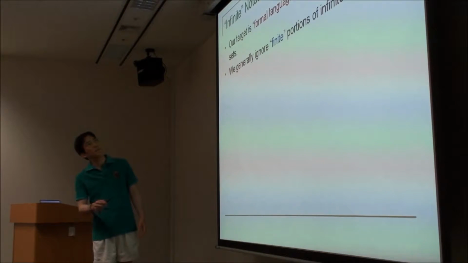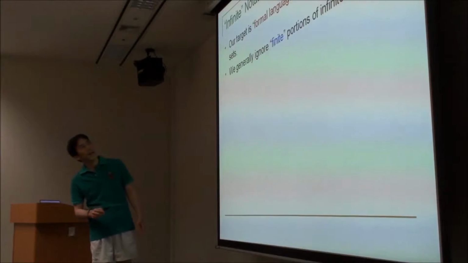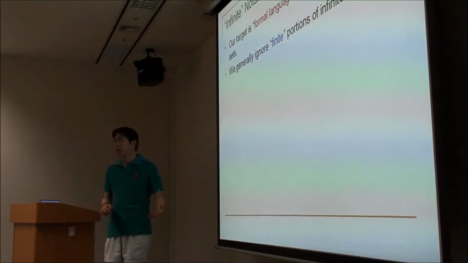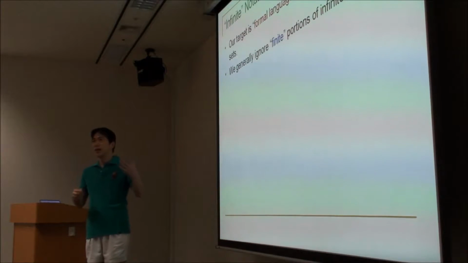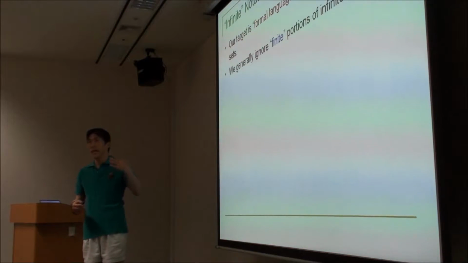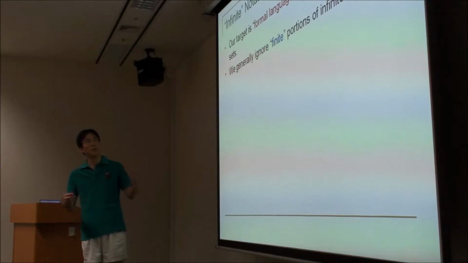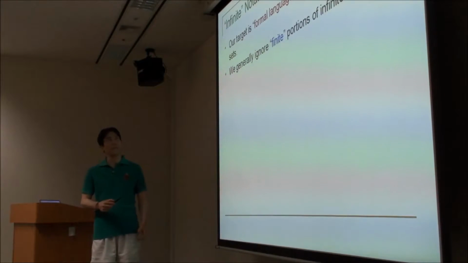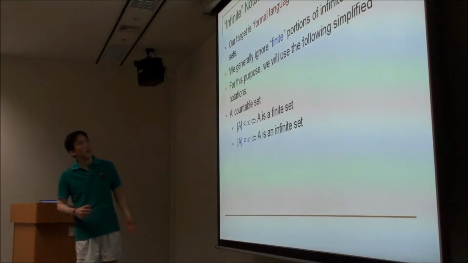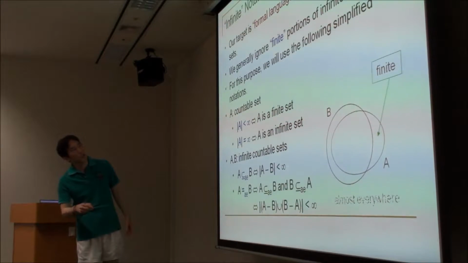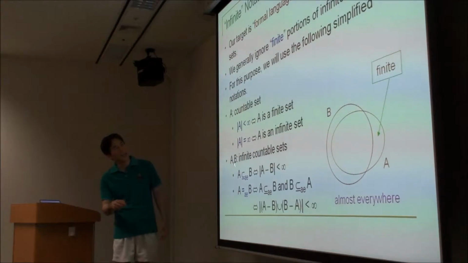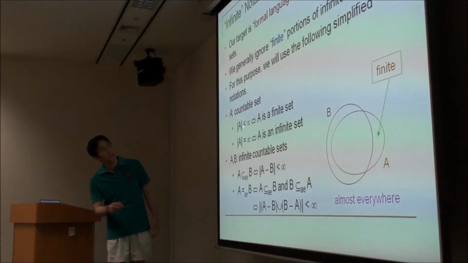Now I ignore the finite portion of an infinite set. Most of this talk is about infinite sets, and we simply ignore the finite portion of them. To do so, I'm going to introduce two particular notations here.